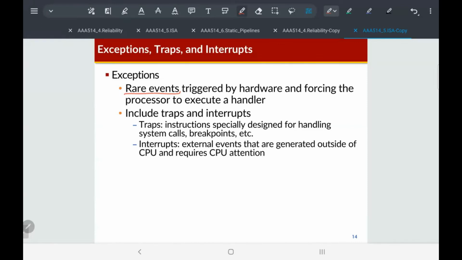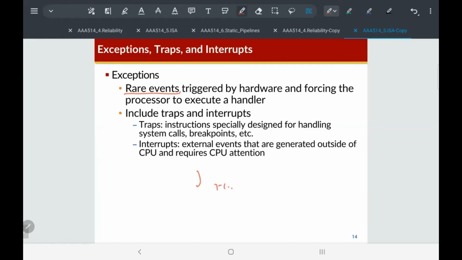Exception handlers are usually supported by operating systems. So the code in the exception handler is executed, and then the hardware returns from the exception. That's how exceptions are handled by hardware.